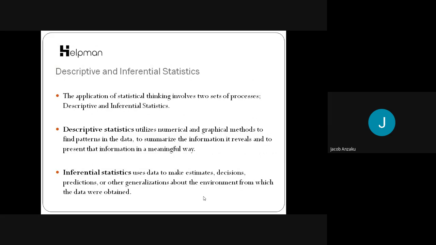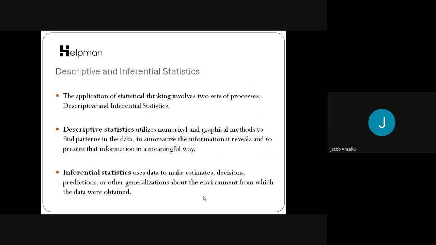Descriptive, in the sense that it utilizes numerical and graphical methods to find patterns in the data, to summarize the information it reveals, and to present that information in a meaningful way. It means that descriptive statistics use numerical data to describe and say, okay, this is how this data is. This is the pattern it follows.